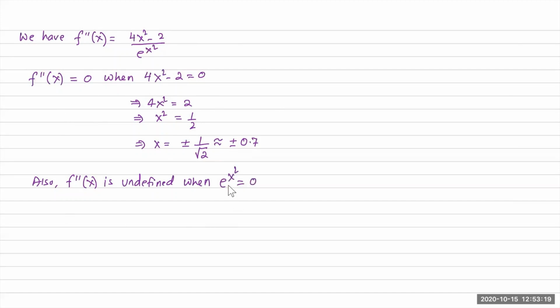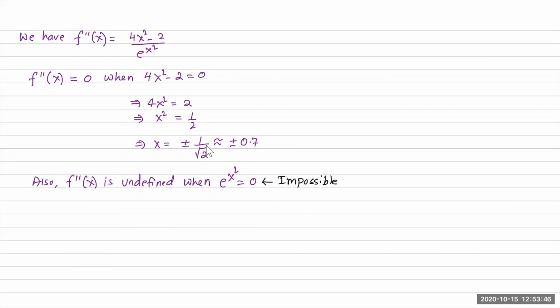But you can see here e to the x squared, whatever number you plug in from negative infinity up to positive infinity, it cannot be 0. That is impossible. So there is no way that this will be 0. That means the only candidate for the inflection point is plus or minus 1 over square root of 2.